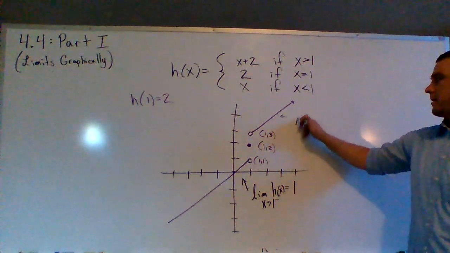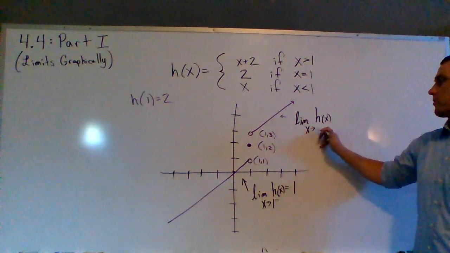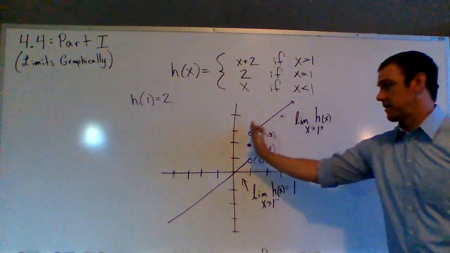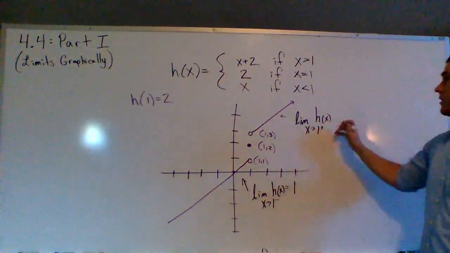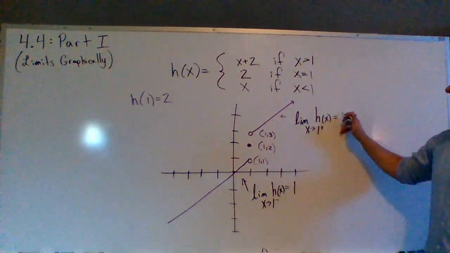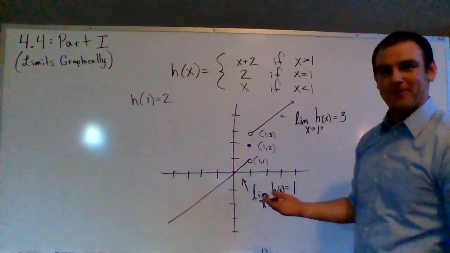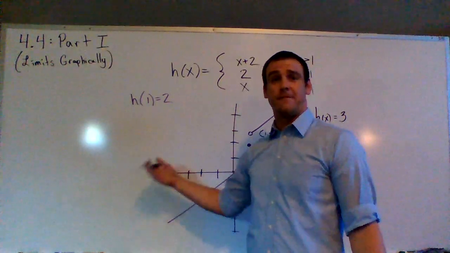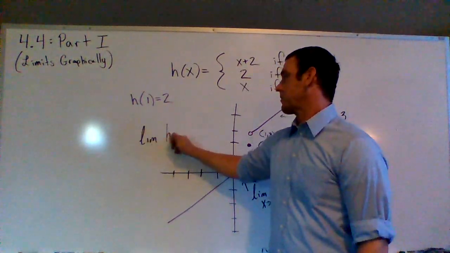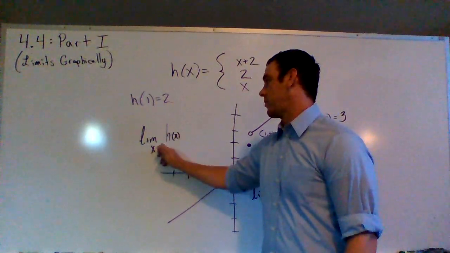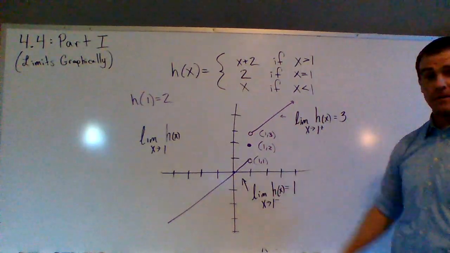Over here, my limit of h of x as x approaches 1 from the right, because x is getting closer to 1 from the right side, is going to be equal to 3. What I didn't tell you is what we're trying to find this whole time. What I want to know is what is the limit of h of x as x approaches 1.